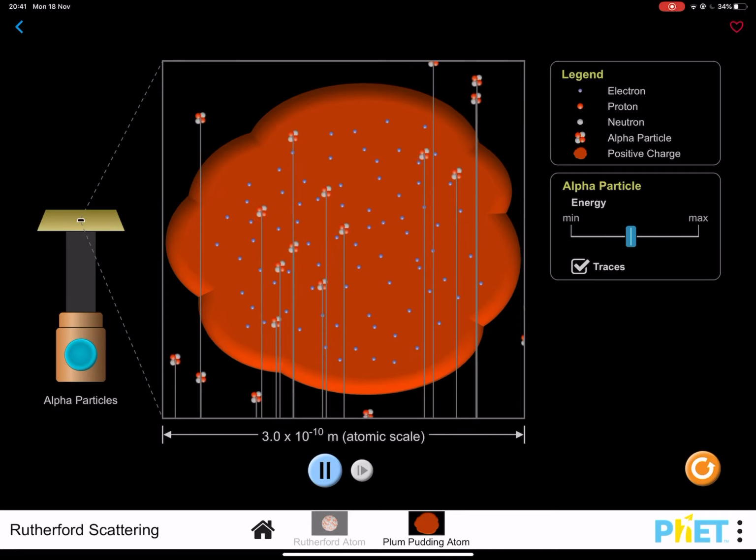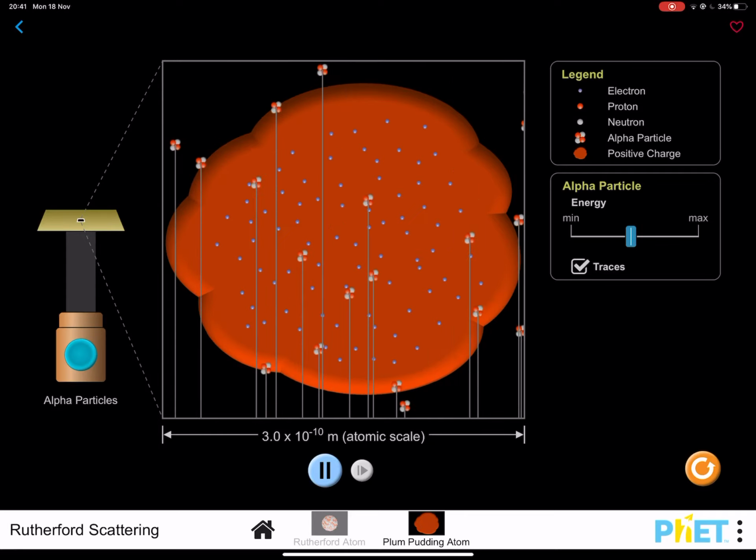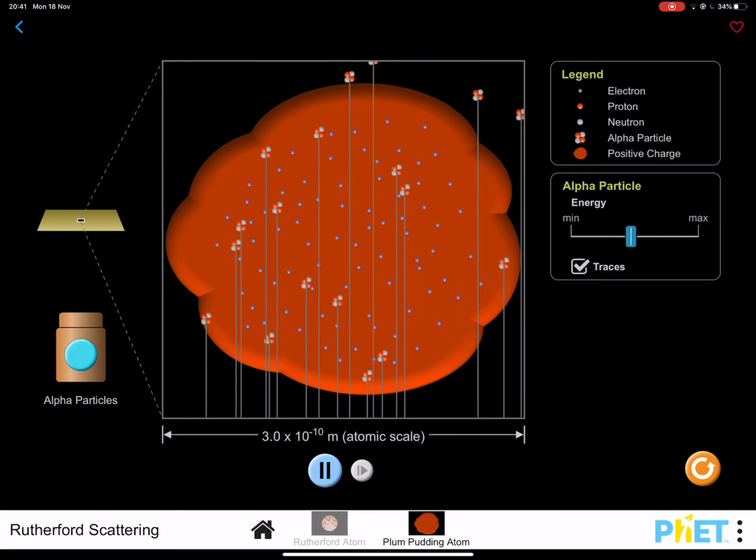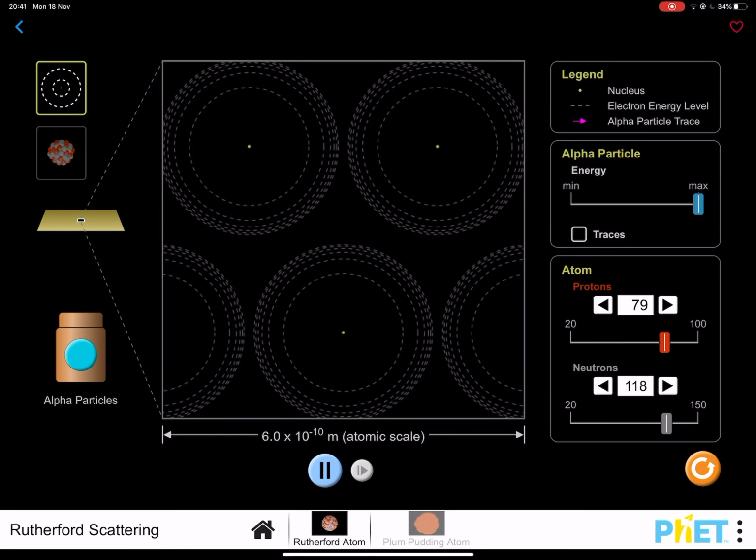However, in reality, we got something quite different. So if we look here, we have the nuclear model of the atom, and when we fire the alpha particles, which are represented as the purple dots, they're not showing the 2 protons and 2 neutrons.